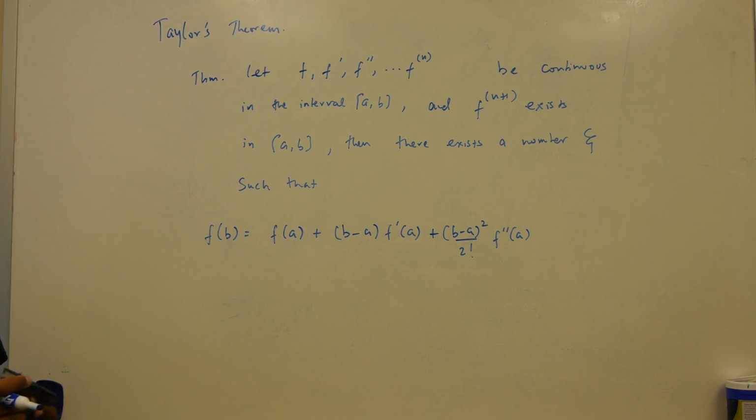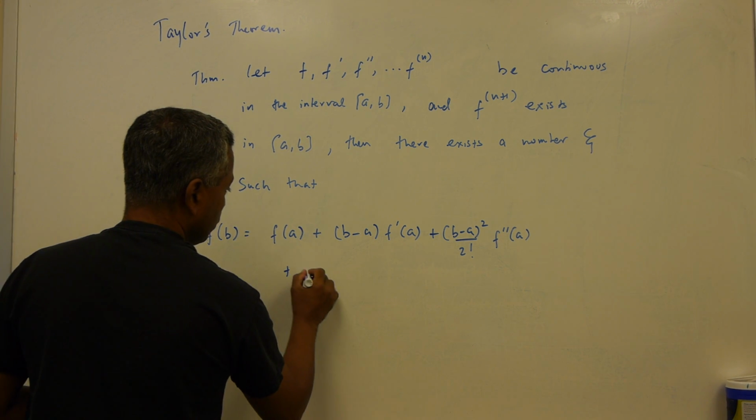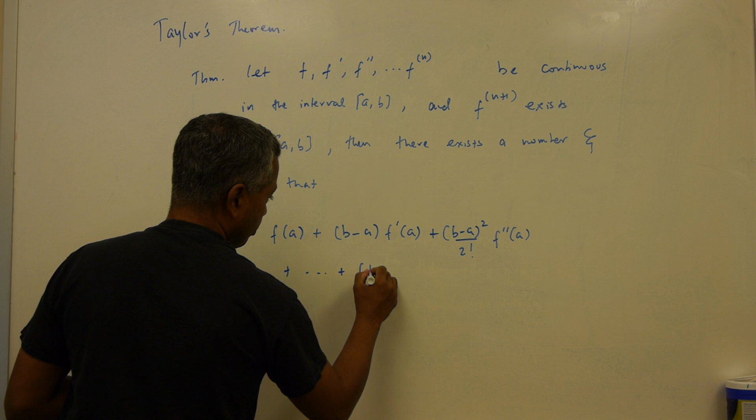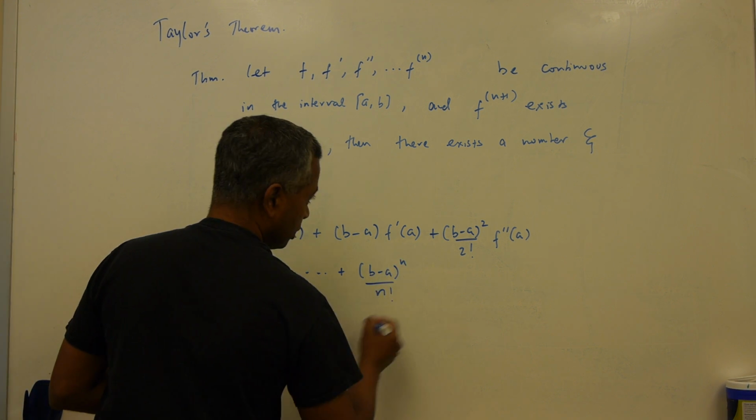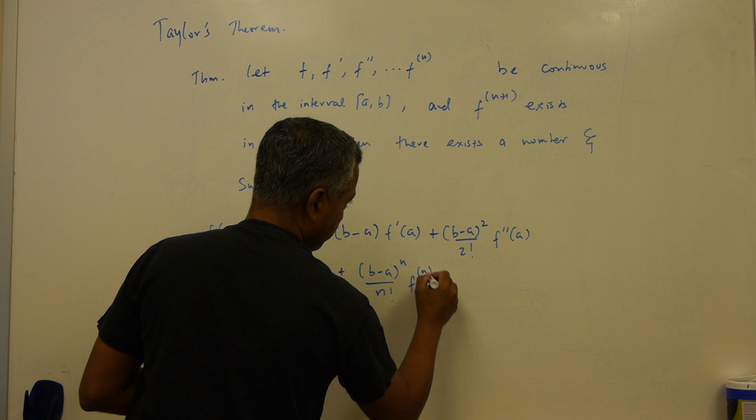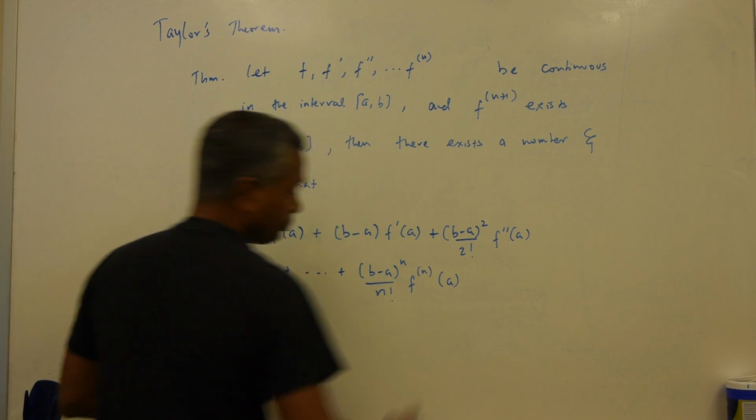Okay, and this goes all the way through to b minus a to the power n over n factorial f, the nth derivative computed at a.